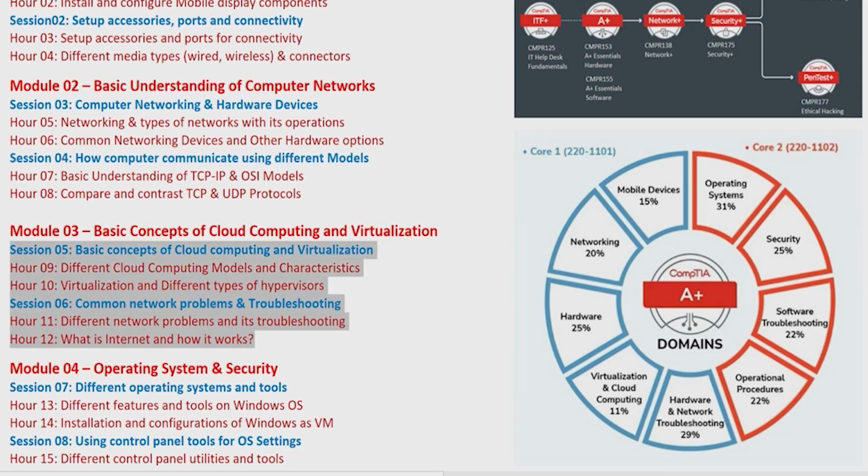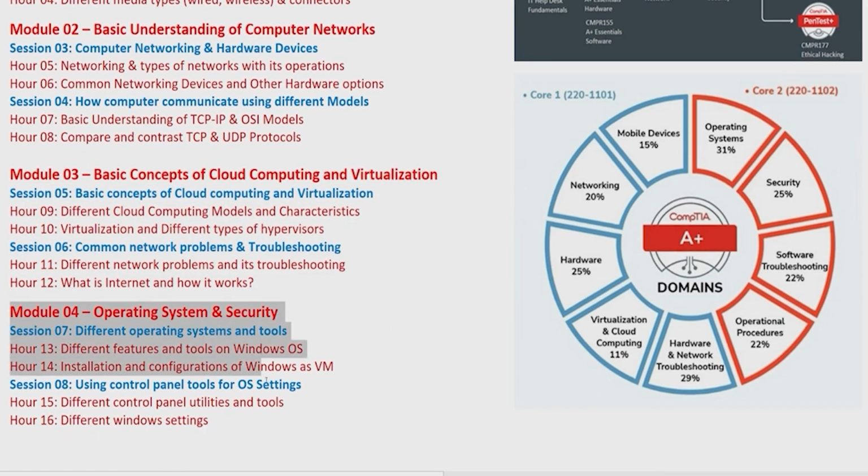After completing this section on cloud computing and virtualization, we will jump into operating systems and security. If we create a virtual machine, on that virtual machine we will install some operating system, Windows or Linux or whatever.